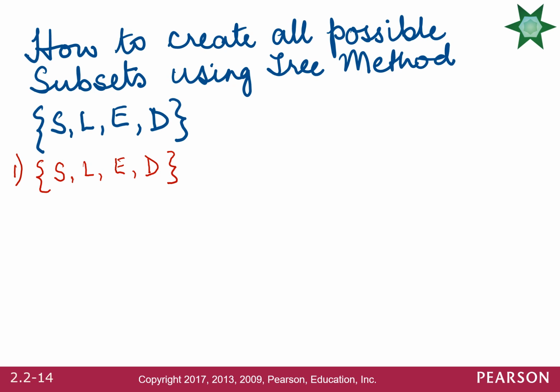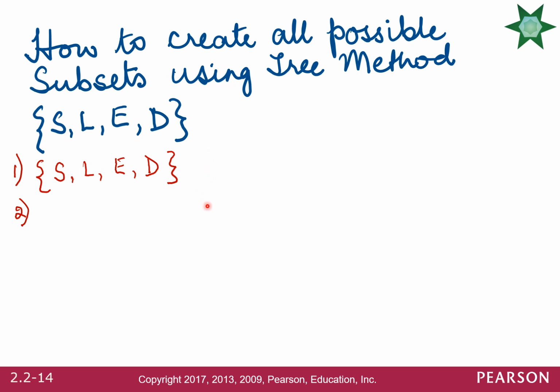Then from the next one, we will create subsets of 3 elements. So what I'm going to do is over here on the side, I'm going to show you how to use the tree method.